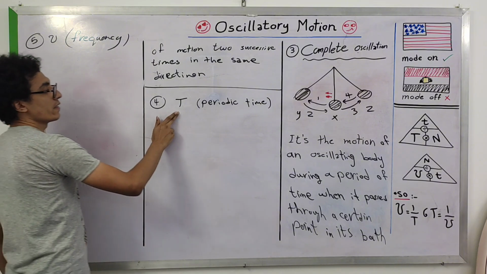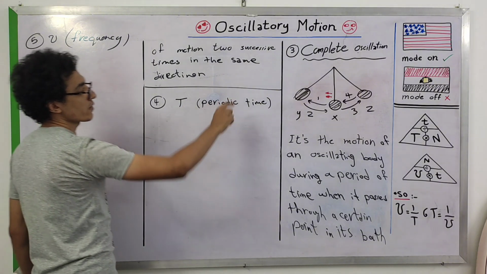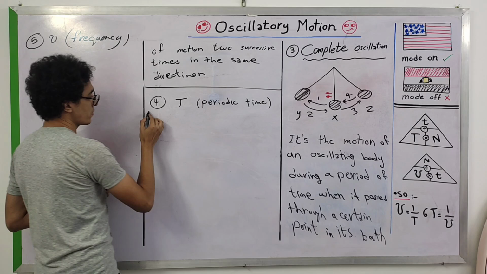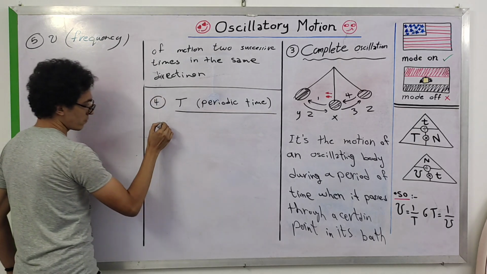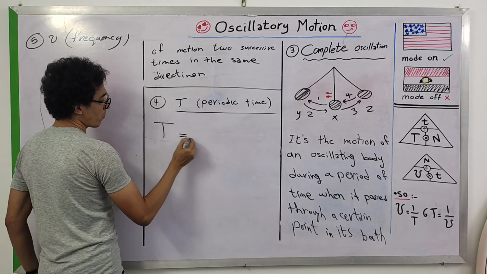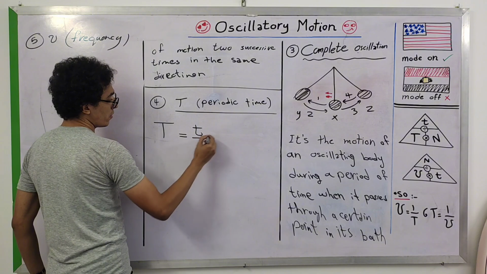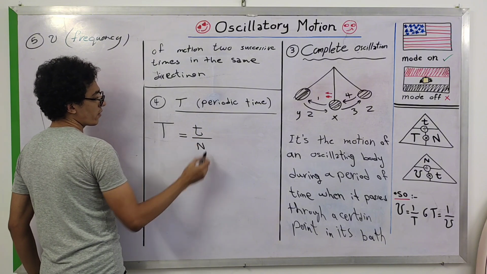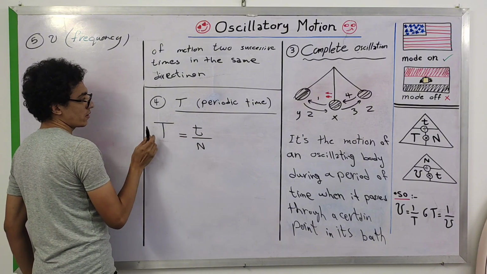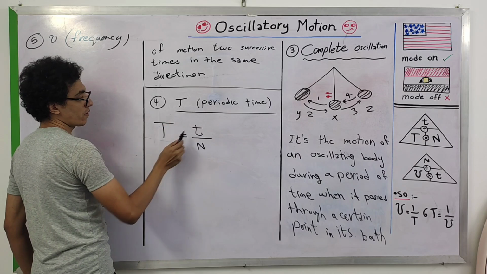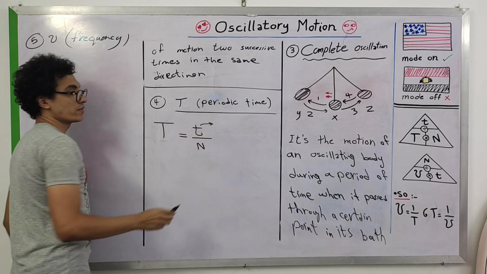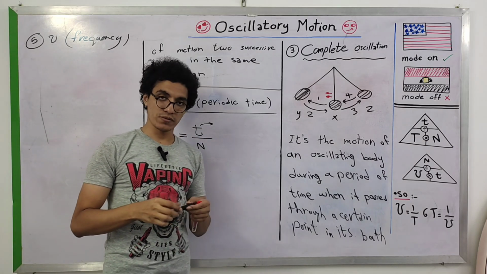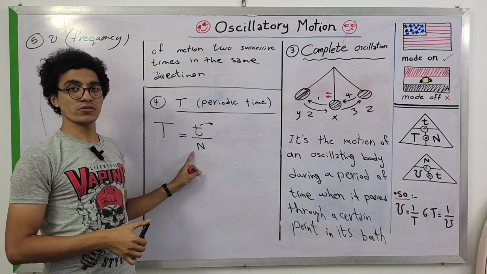Four. T is the periodic time. It's simple. The periodic time T equals t over N. What is T and what is N? T is called the periodic time, and this is the amount of time of the oscillations, and N is the number of oscillations.